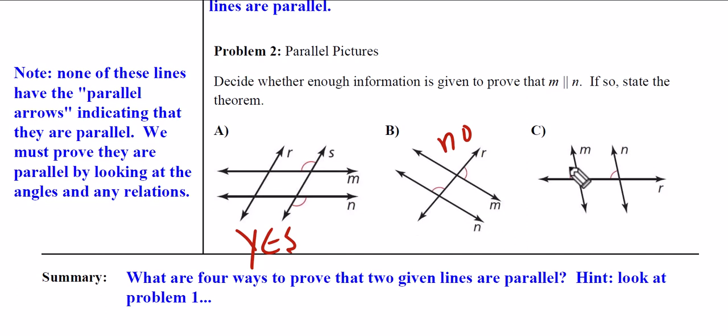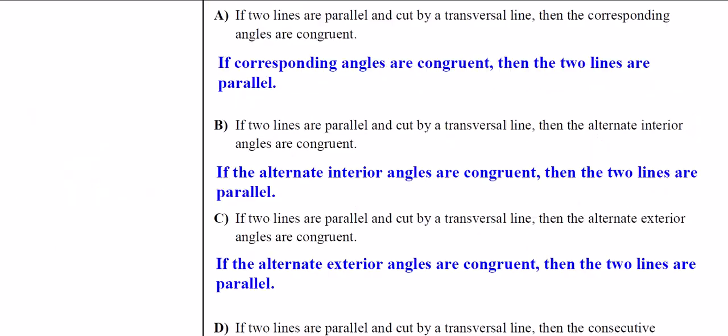Part C, we see here they're proclaiming that these two are congruent. They do look both acute, and these are actually corresponding angles. So what do we know about the corresponding angles? If the corresponding angles are congruent, then what follows is that the lines must be parallel.